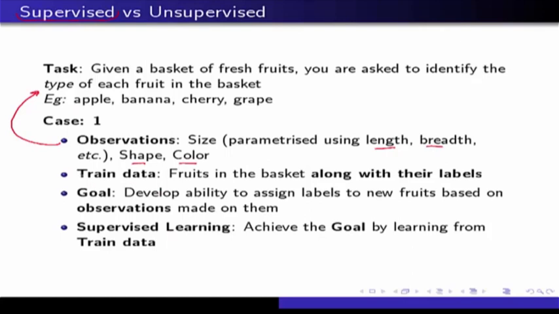And in doing so, you would make use of the training data, which consists of fruits and their observations with the true label. So this is the supervised learning setting. Achieve the goal by learning from the training data.